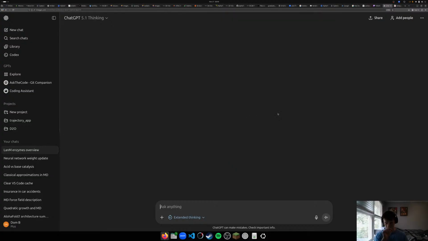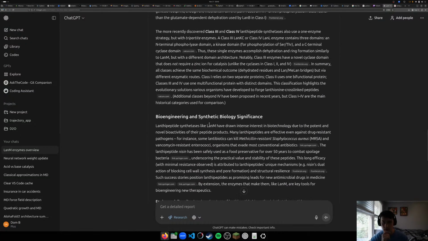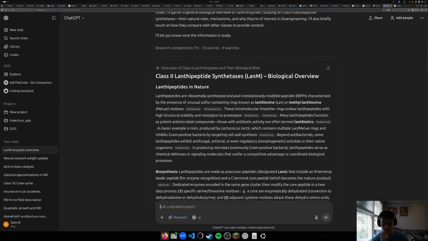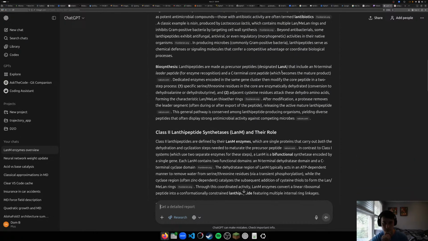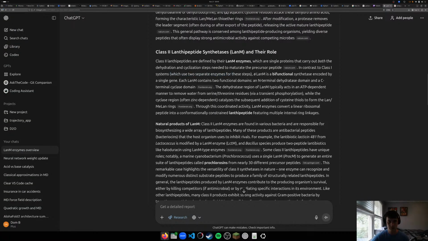All right. Class 2 lanthipeptide synthetases and their role, which are single proteins that carry both the dehydration and cyclization steps needed to mature, in contrast to class 1 systems.